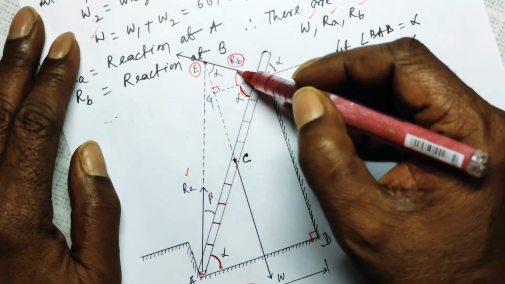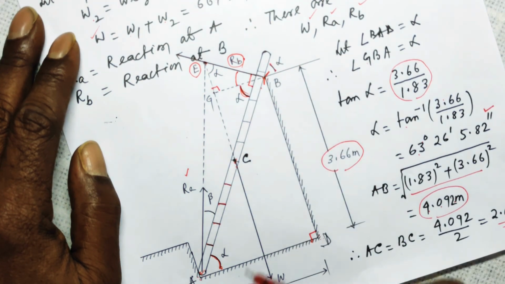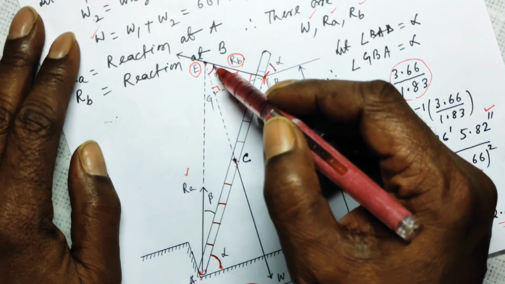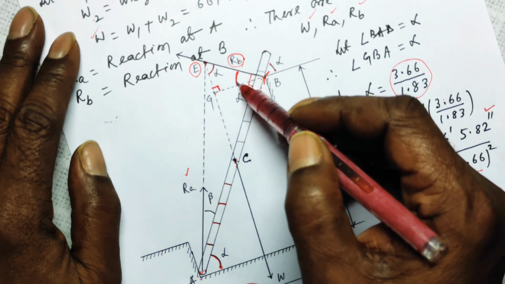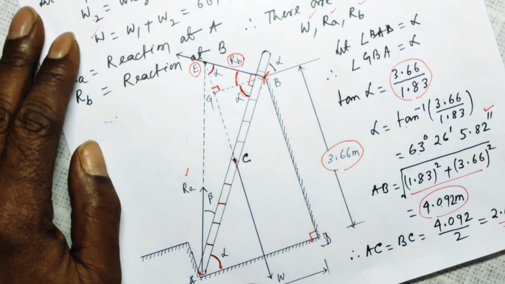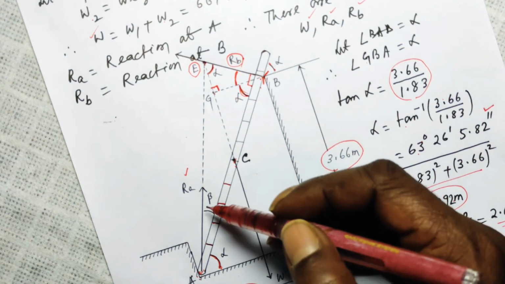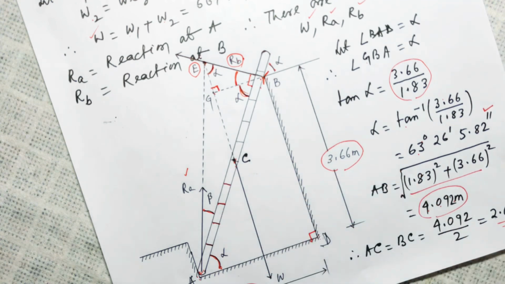So therefore this much is 90 minus alpha. So in triangle EZB, this angle will be alpha, because this is 90 minus alpha and this is alpha, then only the sum of the three angles will be 180 degree. Then again let this angle be equal to beta, I will require this.